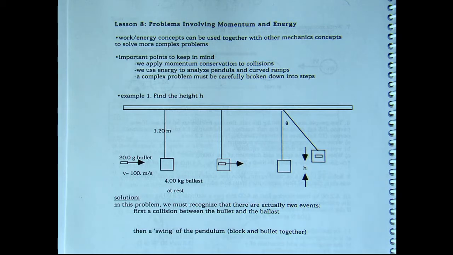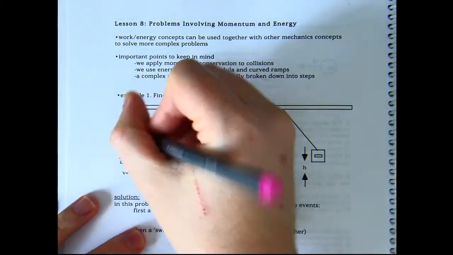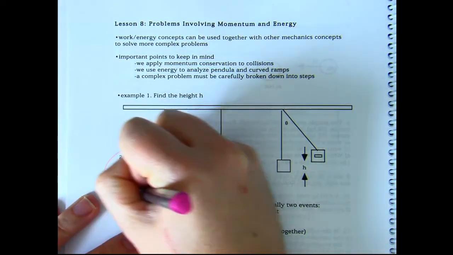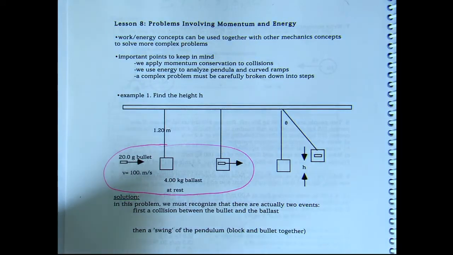But what we're going to do is start combining these concepts to look at how to approach this entire problem. We need to first be able to break this thing up in a way that helps us identify what concepts to use where. So the first thing we've got here is a bullet embedding itself in a block.